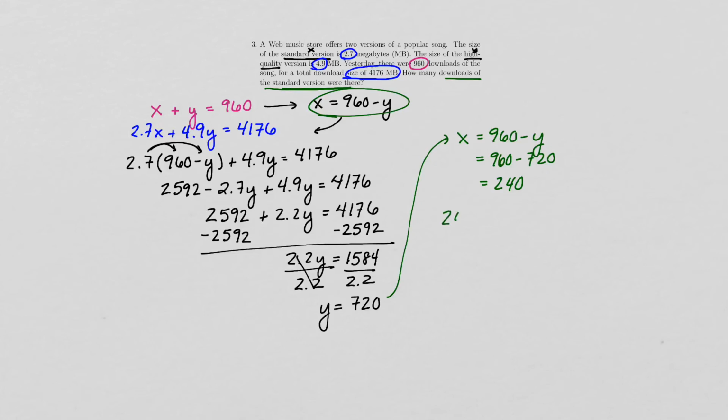So there were 240 standard versions downloaded. So with these problems, sometimes you end up with a system of equations. Sometimes it's easier to use a system of equations, and sometimes it's not, like in the last problem. So let's try one more and see how this one works.